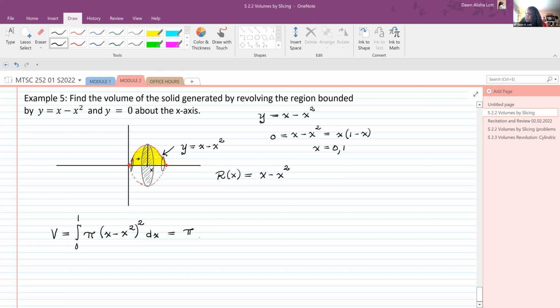Pi times the integral from 0 to 1. I'm going to get x squared, minus 2x cubed, and then plus x to the 4th. That whole thing integrated dx.